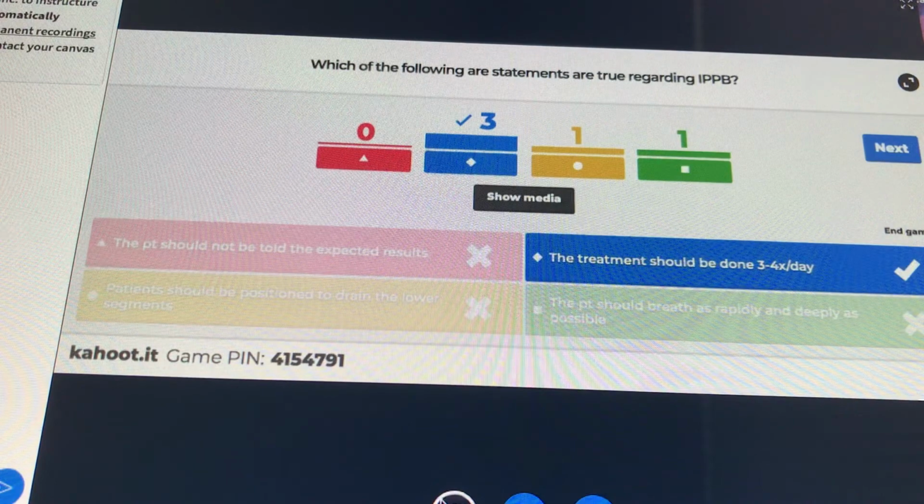And that it should be done 3 to 4 times a day. Your patient should be told what to expect. Your patient should not be put in any postural drainage positions, and your patient definitely should not be breathing as rapidly and deeply as they possibly can. Remember, this is passive. You want your patient to breathe at a slower rate and let the machine do the work. They shouldn't have to breathe deeply.